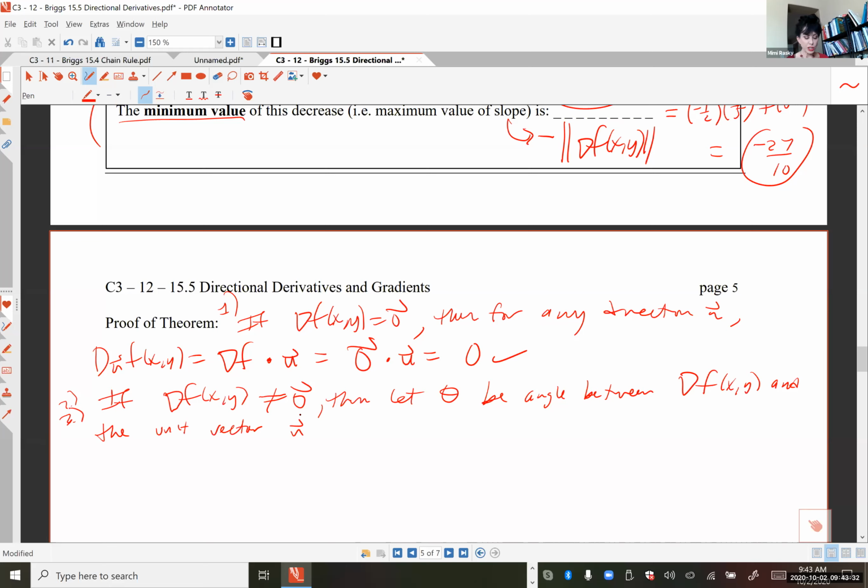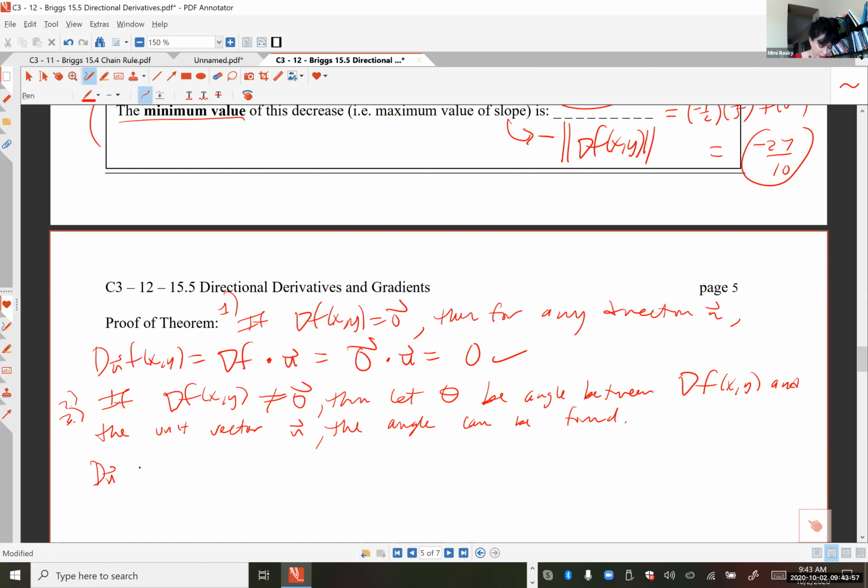Now, what you should remember from the first week of class, the angle between two vectors can be found because the cosine of the angle is, you know, like so. So I'm not going to find it, but let's go ahead and do this.